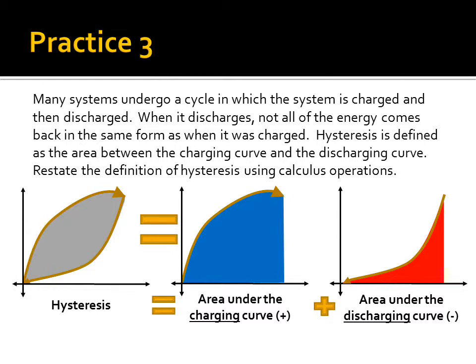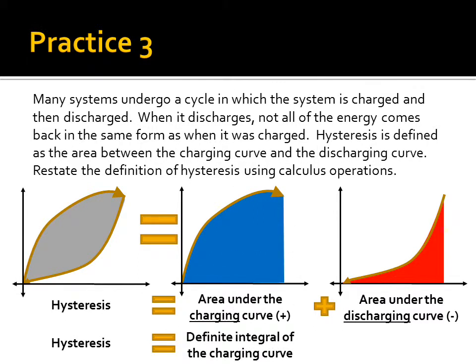And we want to add these together in order to take this stuff without the overlap from this in order to get that. So, hysteresis is going to equal the definite integral of the charging curve plus the definite integral of the discharging curve. Now, you might be thinking that shouldn't this positive sign be a negative?